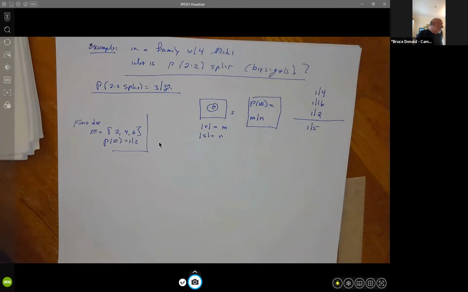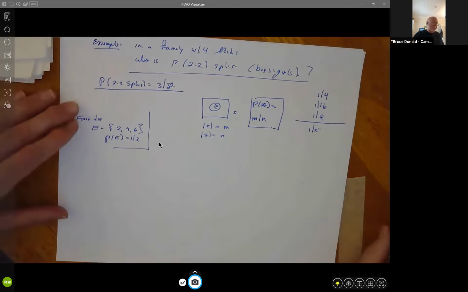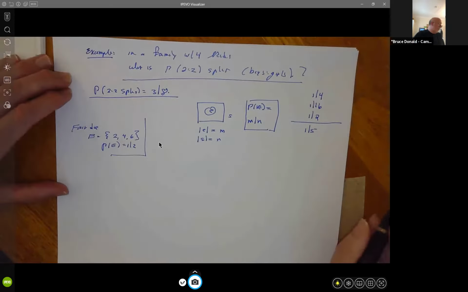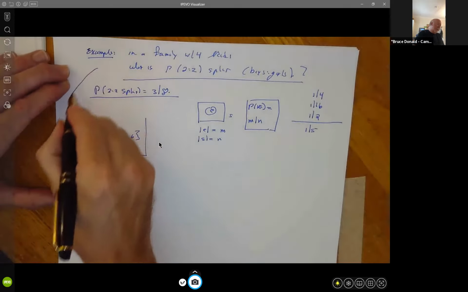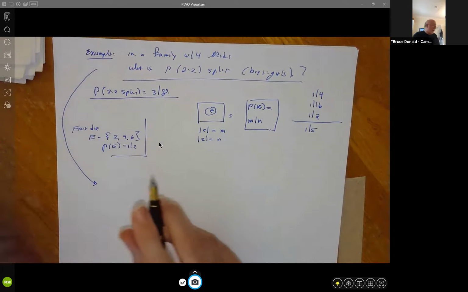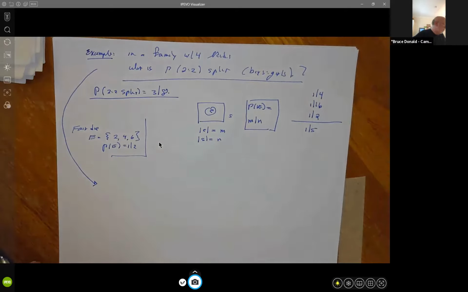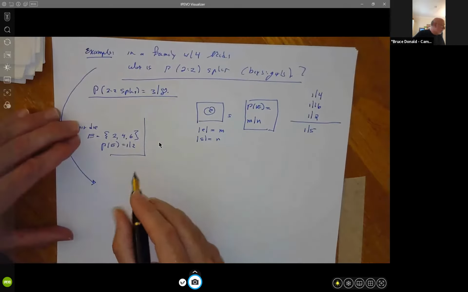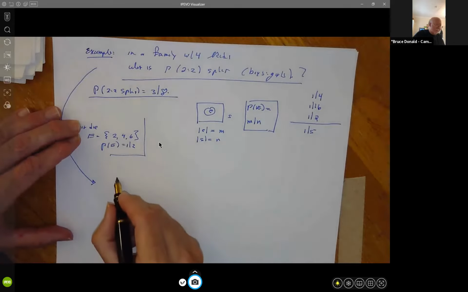Okay, so let's go back to our case of boys and girls in a family, and see how we might calculate that. I'll give you the basis for doing this. We have outcomes which we will assume are equally likely. One outcome might be all boys.